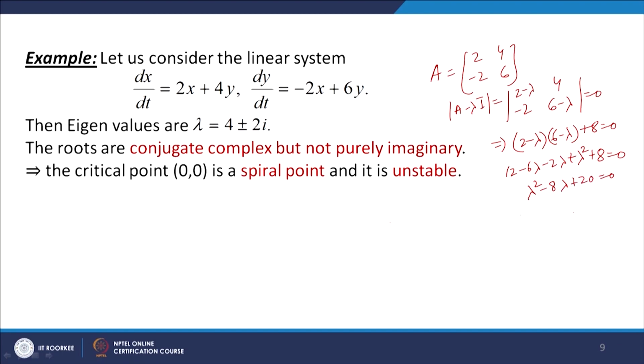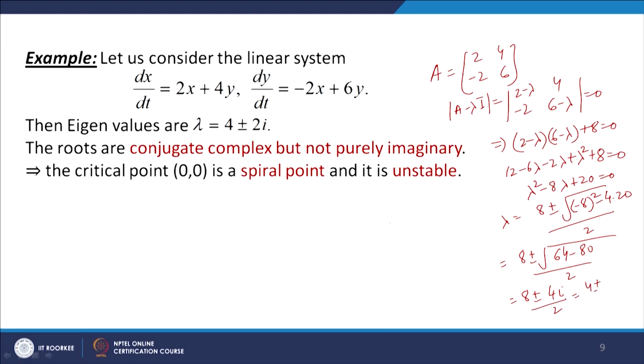So what do we get? Let us apply the formula, lambda equals minus b plus or minus the square root of b squared minus 4ac, divided by 2a. So we get (8 plus or minus the square root of 64 minus 80) divided by 2, which is 8 plus or minus the square root of minus 16, that is 4i. So we get 4 plus or minus 2i. So the eigenvalues are lambda = 4 plus or minus 2i.